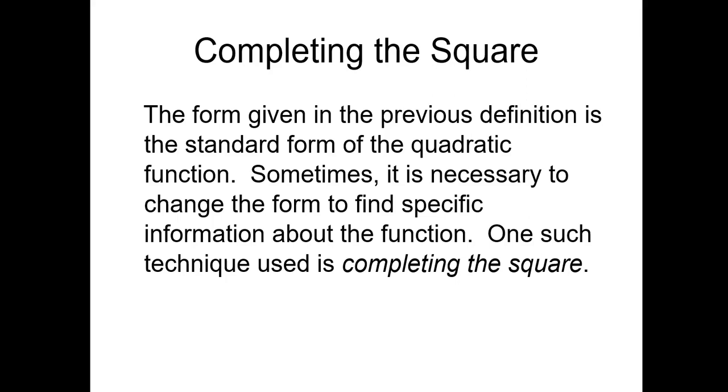And once we complete the square, we can end up with a form that can very quickly tell us some vital information for graphing a quadratic function, including whether it's cupped up or cupped down, which you can already see by a, also what the vertex is and the line of symmetry, because a parabola is symmetric. The kinds of quadratic functions we're graphing right now are parabolas either cupped up or cupped down, concave up or concave down, and they have a vertical axis of symmetry. So being able to determine all of that information can help you with graphing.